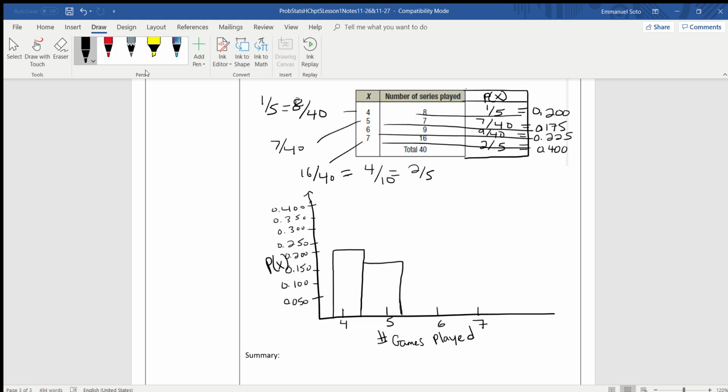Okay, for 6, it's 0.225, so between 2 and 250, so halfway. Alright, and then last one is 7, which is 0.4. Alright, and there's my probability distribution.